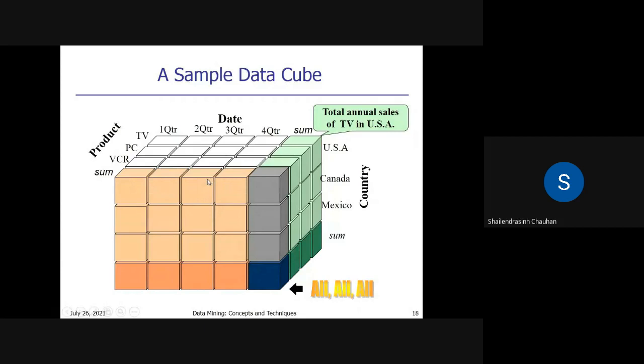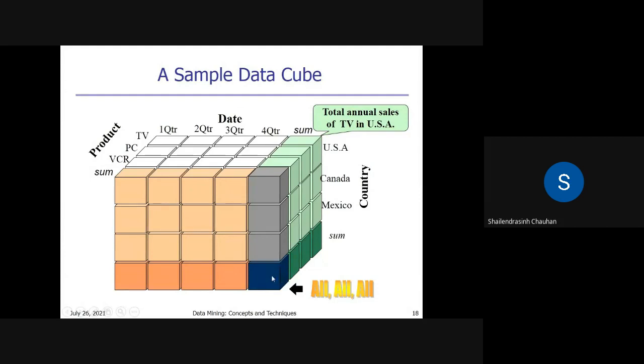And now what is the representation of this thing? It is representing that in USA, in all the quarters, how many TVs plus PCs plus VCRs I have sold. Right? And now these are for Canada, these are for Mexico. And what is the meaning of this dark blue cuboid?